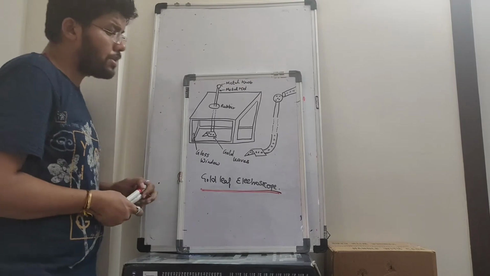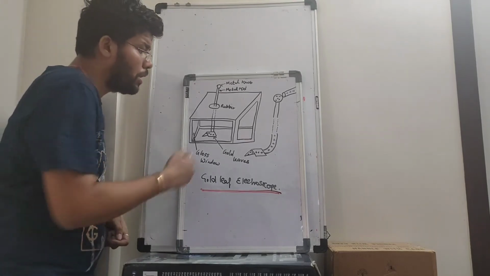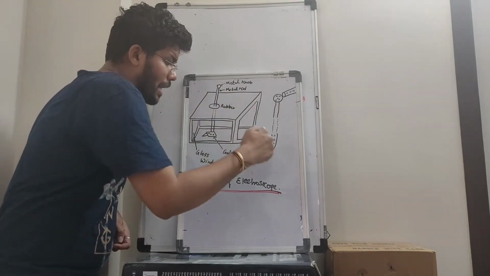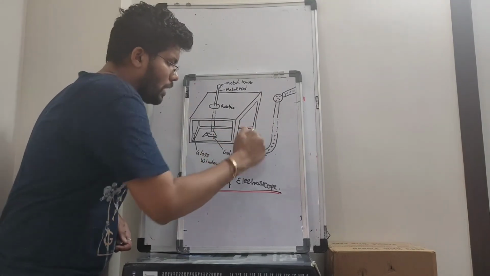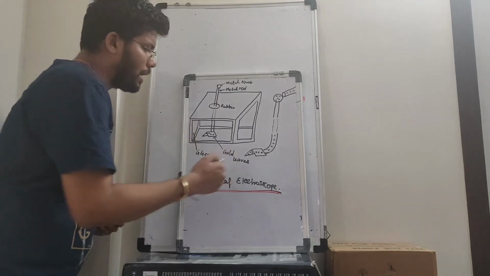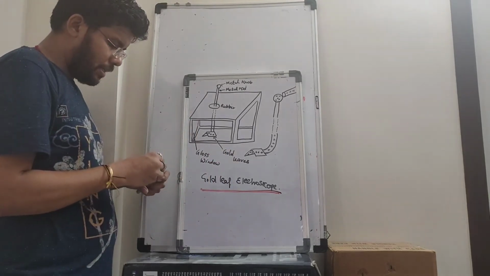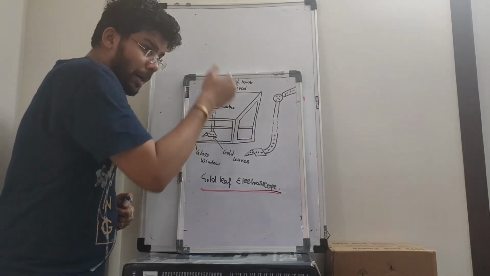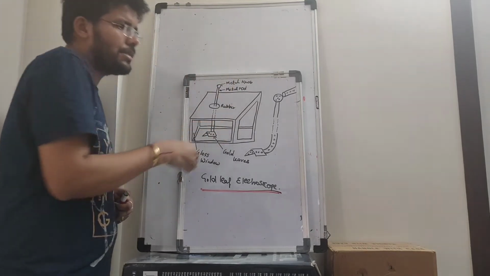Now the construction of this gold leaf electroscope, it consists of a glass cabin. ये आपका पूरा एक glass cabin बना हुआ है, ठीक है, एक cubicle shape में glass cabin है. इस ग्लास कैबिन के अपर पैनल में एक मेटल रॉड इंसर्ट किया हुआ है.